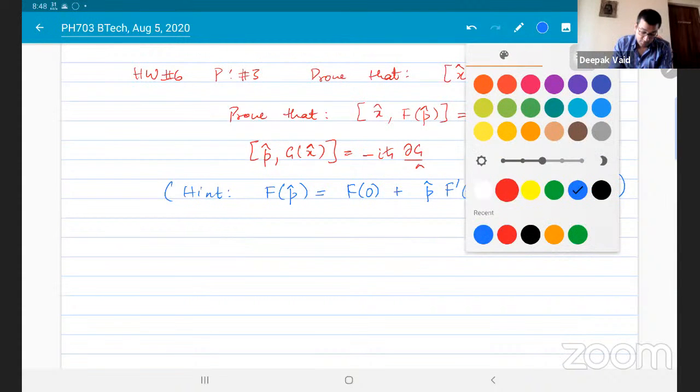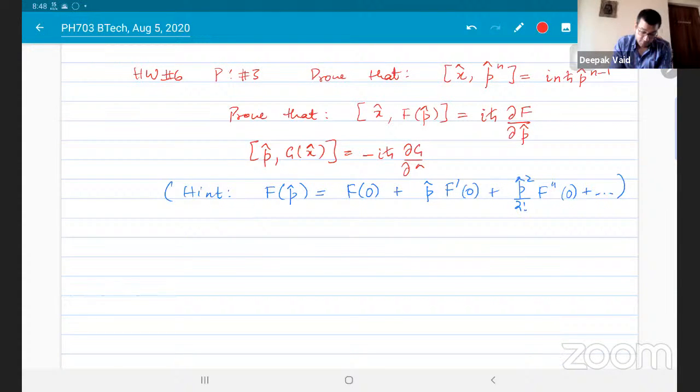And something got overwritten. I think this is dg by dx.